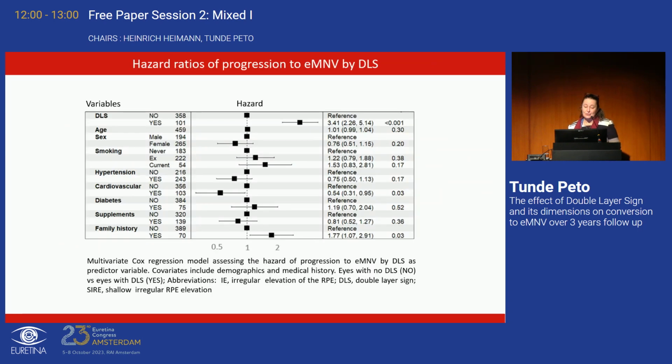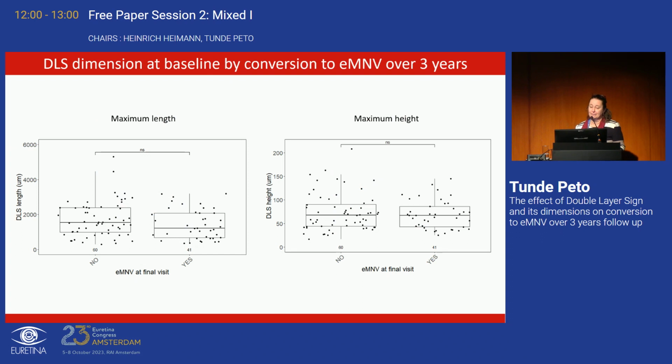So DLS was also very helpful in establishing the hazard ratios, and having DLS gives you a very high hazard ratio. So it's a sign that we can competently, repeatedly and reliably grade for, and that's why it's a good sign for us to look for in our patients.